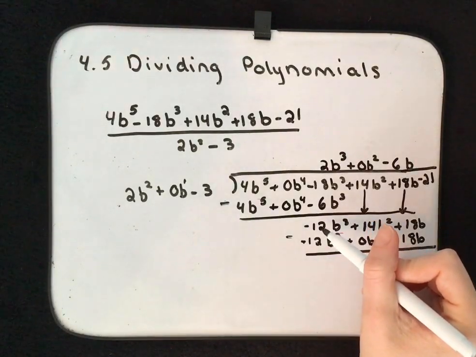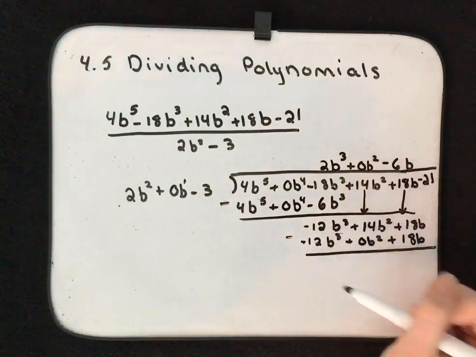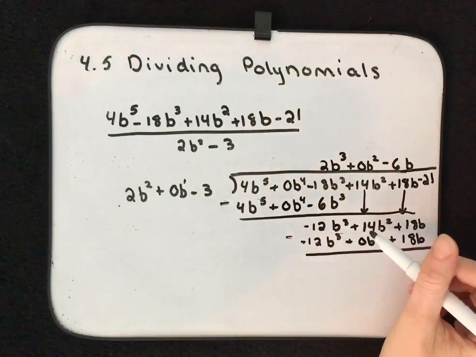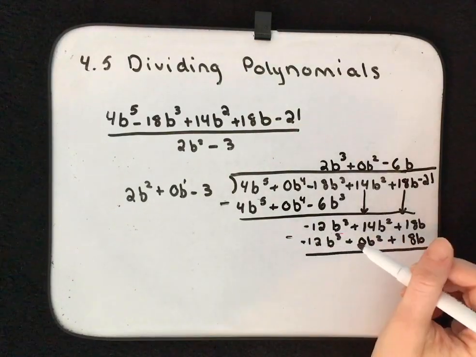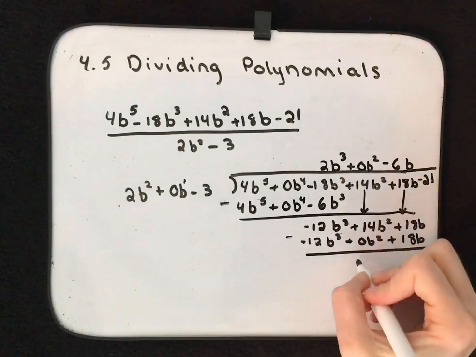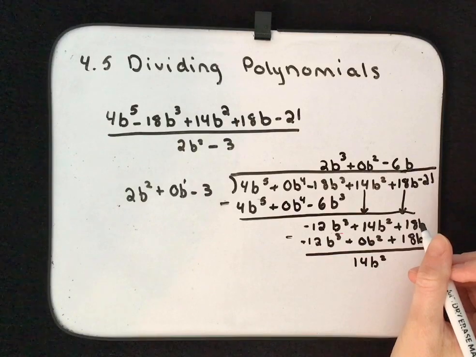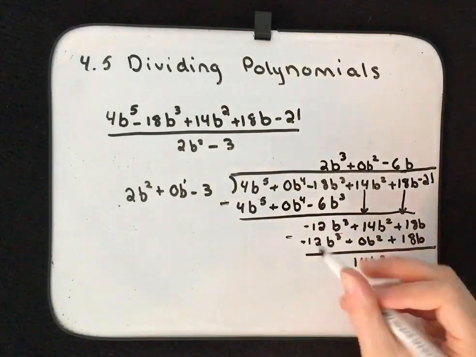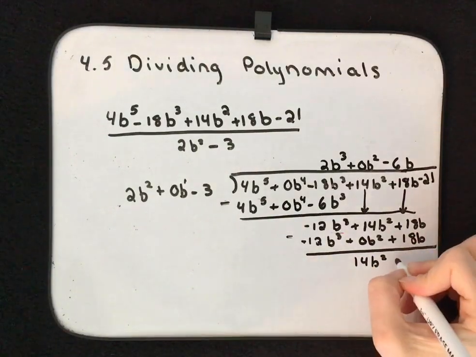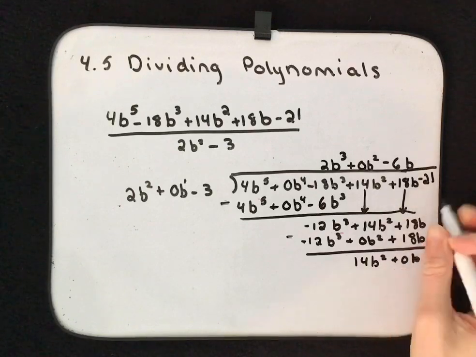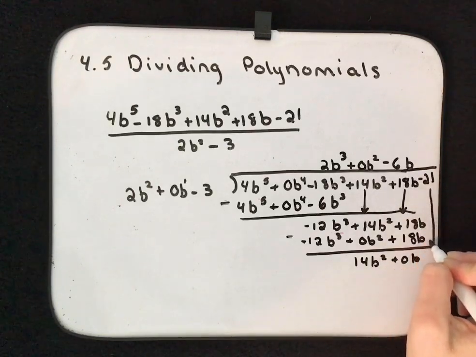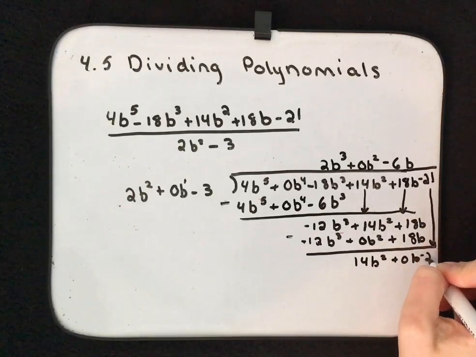Negative 12b to the third minus negative 12b to the third is 0. 14b to the second minus 0b to the second is 14b to the second. 18b minus 18b is 0. And then don't forget this 21 that we need to bring down, minus 21.